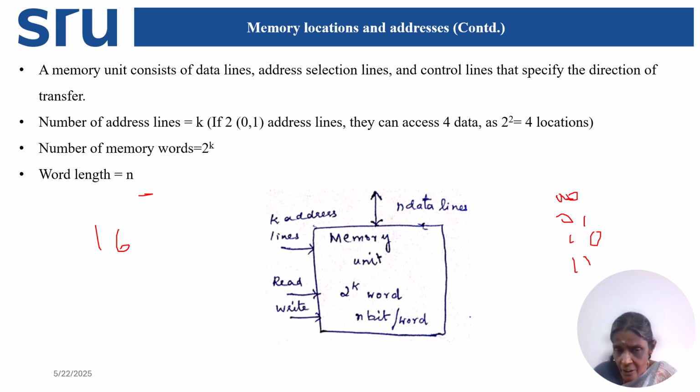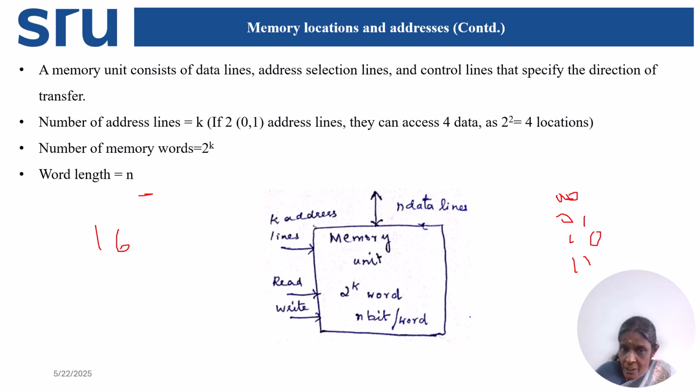And next, there are two lines, read and write. So there are two operations. The data stored in a memory location is taken out, or in that memory location some other data is to be written. Number one, read: the particular data will be read.